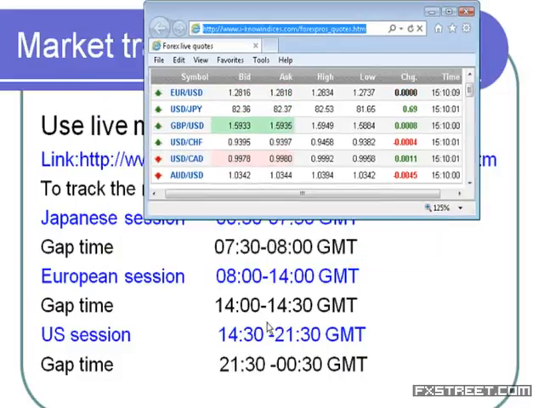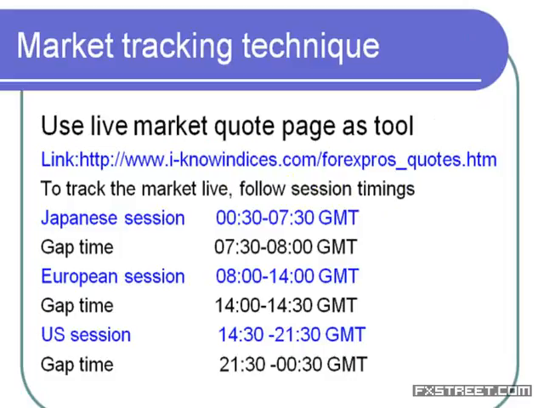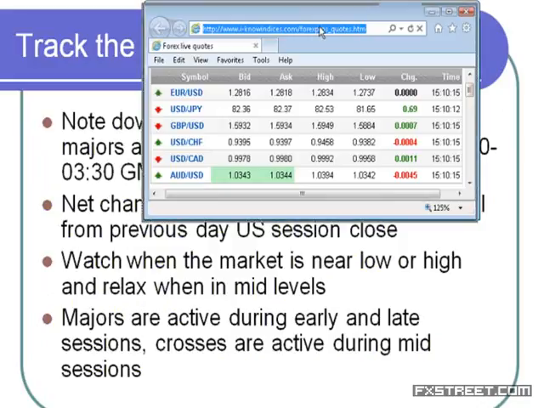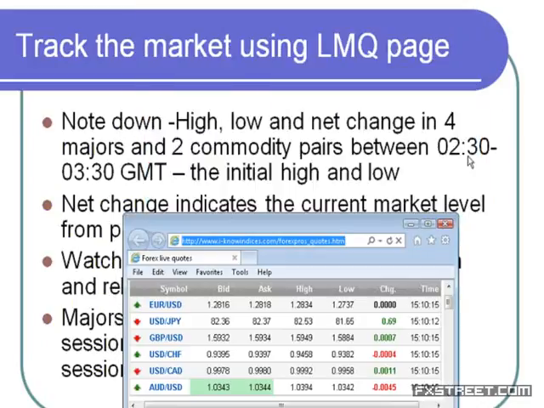For that, the most important thing is understanding the market timings followed by the players. Then in the live market quote page, we note down the initial low and the high around 3:30 GMT.